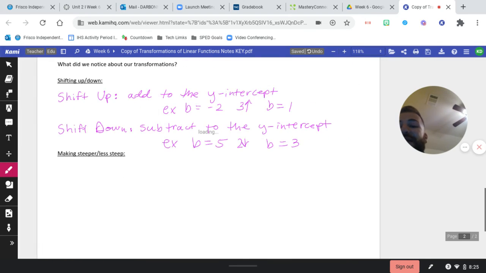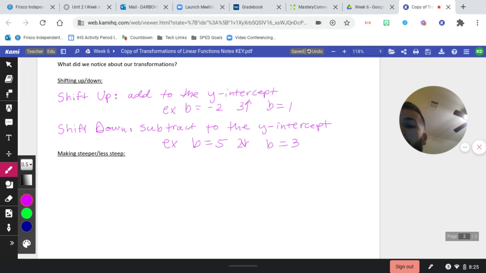Now, making it steeper or less steep. To make it steeper, I want to make my slope bigger, a bigger whole number, or another way to say that is further from 0.